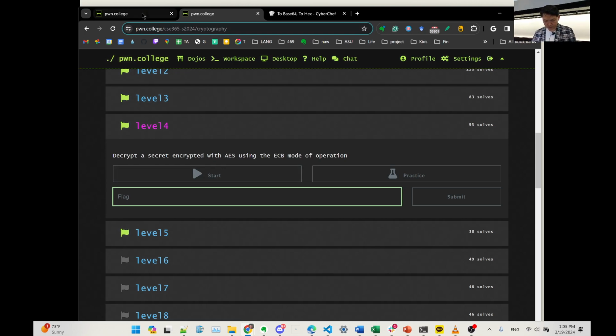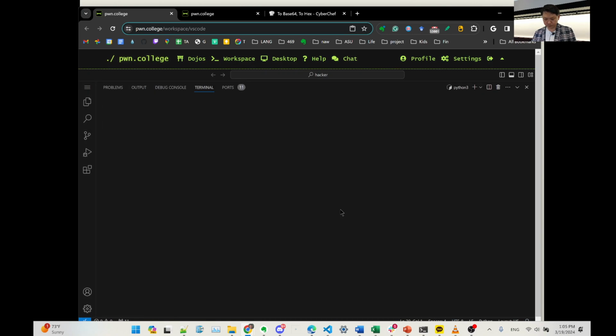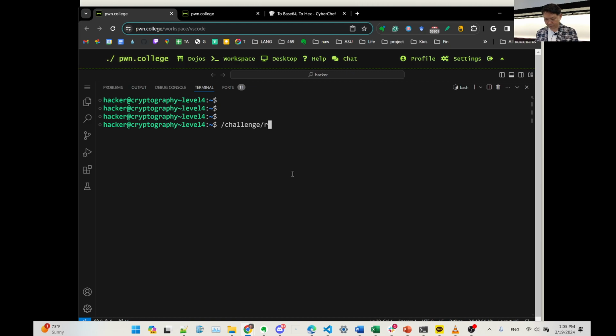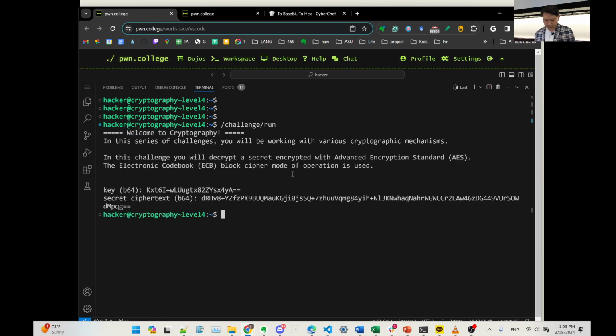Anyway, let's run the challenge. Okay, in the challenge you will decrypt a secret with AES encryption in the ECB block cipher mode.